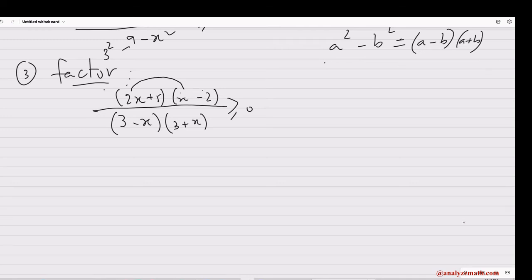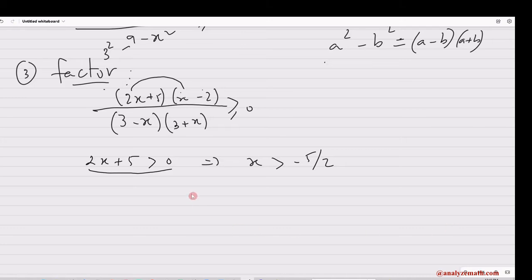Now we take each factor and we analyze its sign. 2x plus 5 is going to be positive if we solve this linear inequality: x bigger than minus 5 over 2. Let's go to the factor x minus 2.